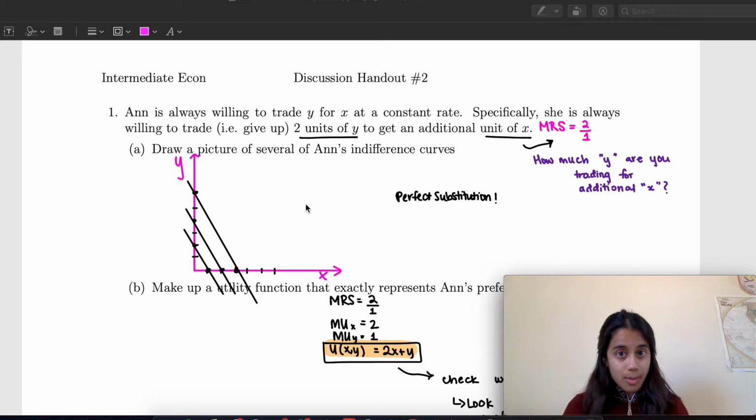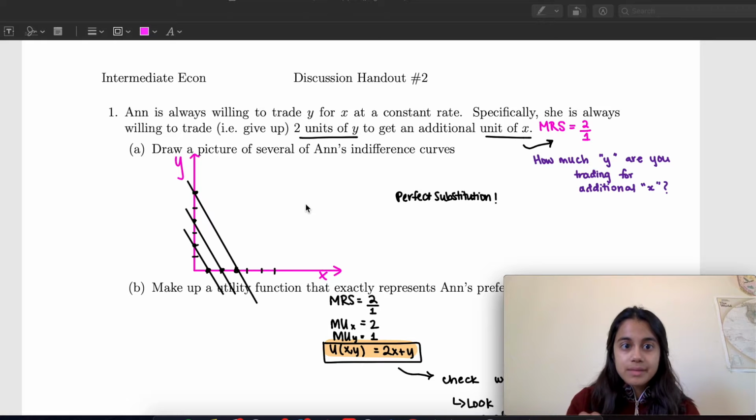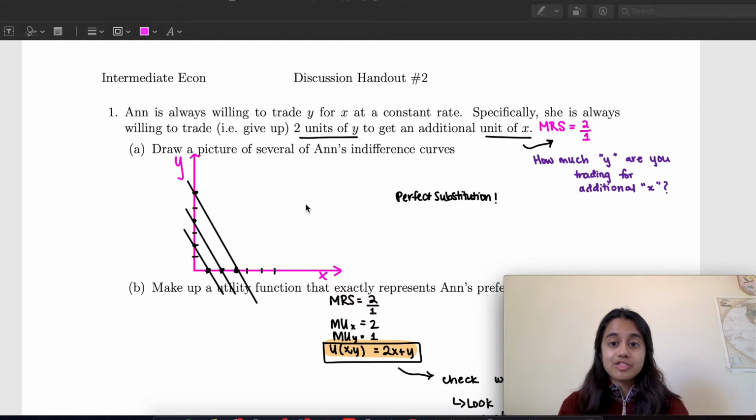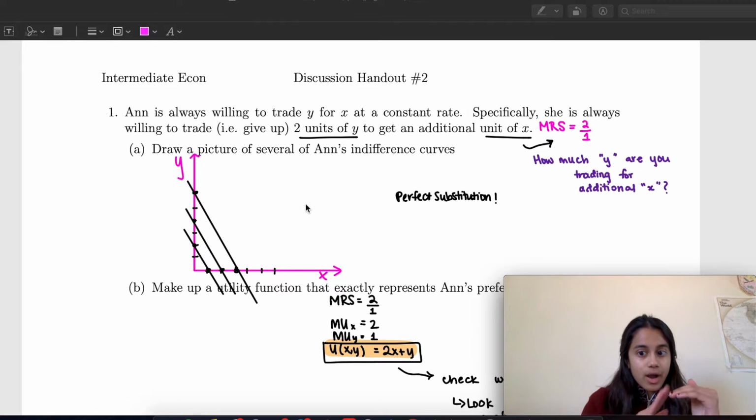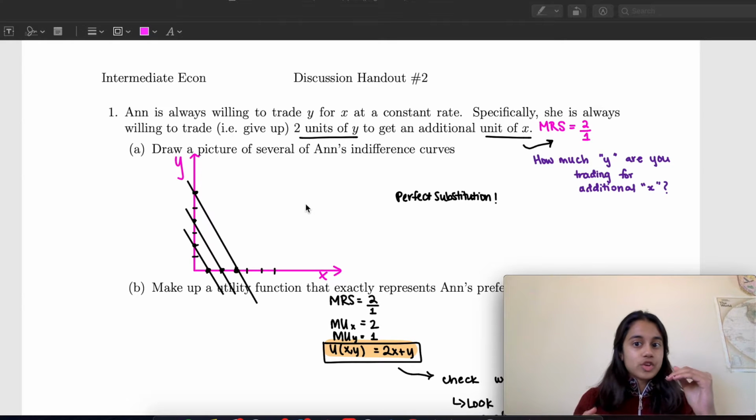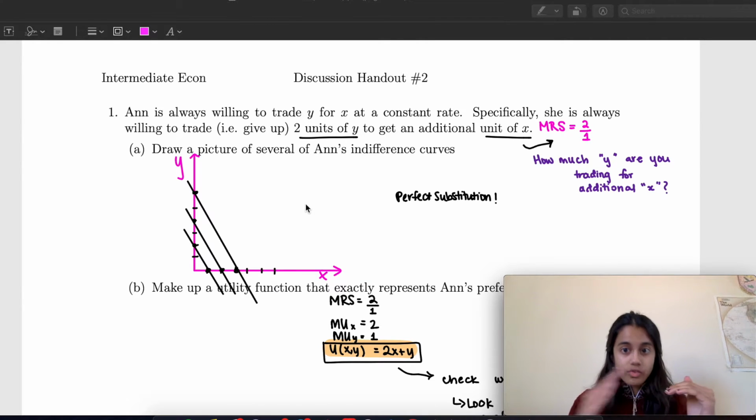How much you're giving up of y to get an additional unit of x. That really is what marginal rate of substitution is. So when you see Anne is always willing to give up 2 units of y to get an additional unit of x, that really is the definition. 2 units of y, 1 unit of x. So the MRS is 2 over 1.